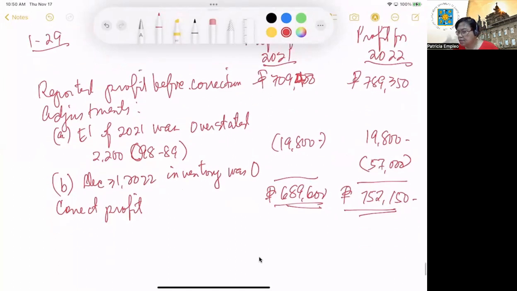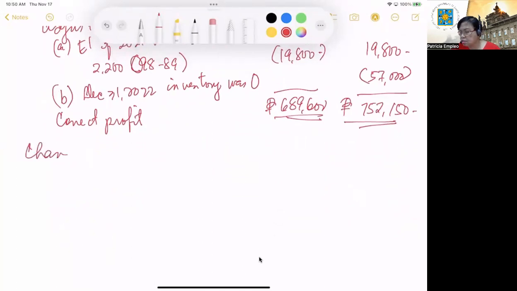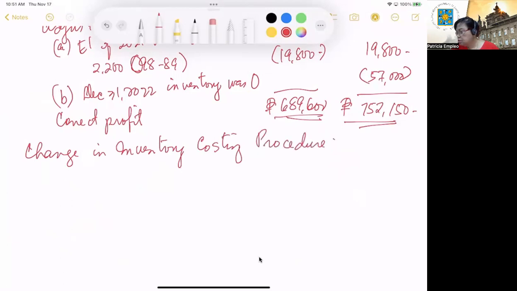Okay, we now go to the second topic for this session, and that is change in accounting policy in inventory costing procedure. Okay, so costing procedure is based on the company's policy. However, if the goods of the entity are specifically identifiable, you cannot make the change in inventory costing procedure because the only costing procedure available for that company is the specific identification method.